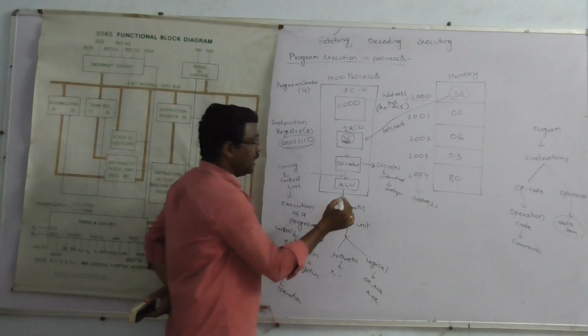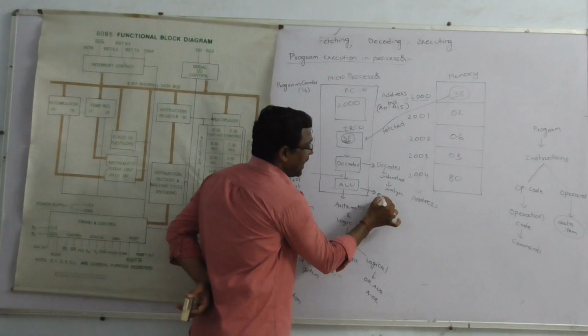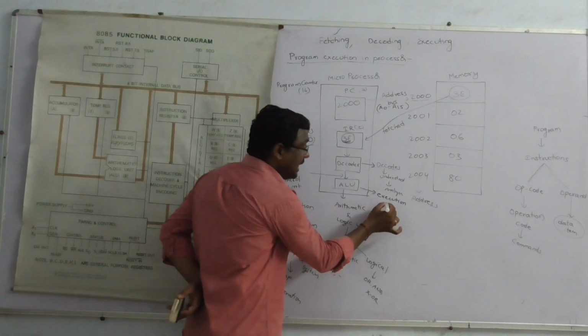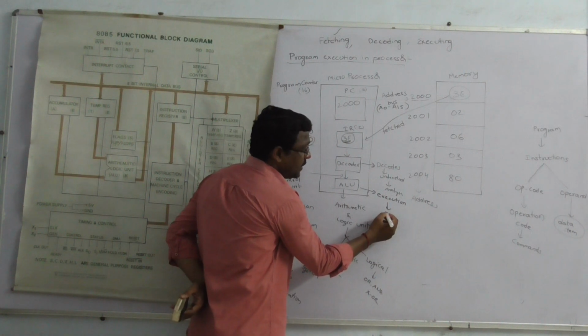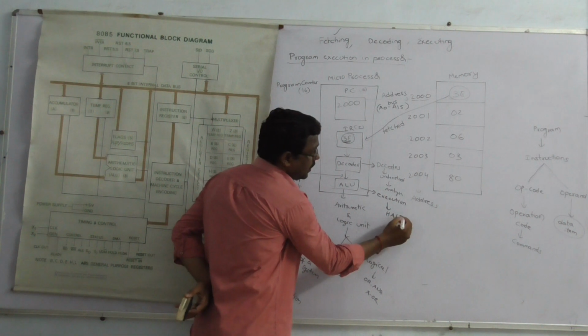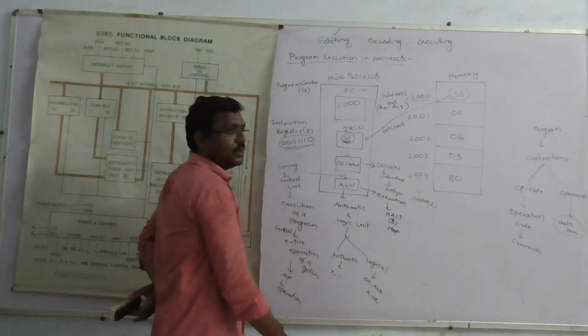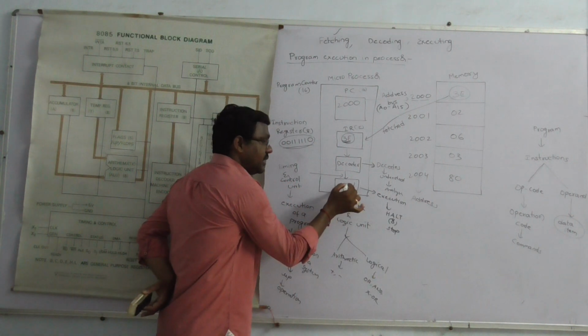Okay, next, the ALU can perform the execution until the halt or stop instruction is executed. Execution takes place in which unit?